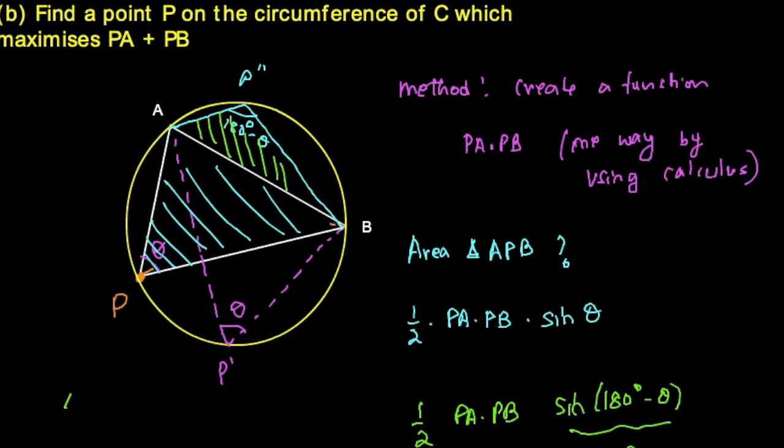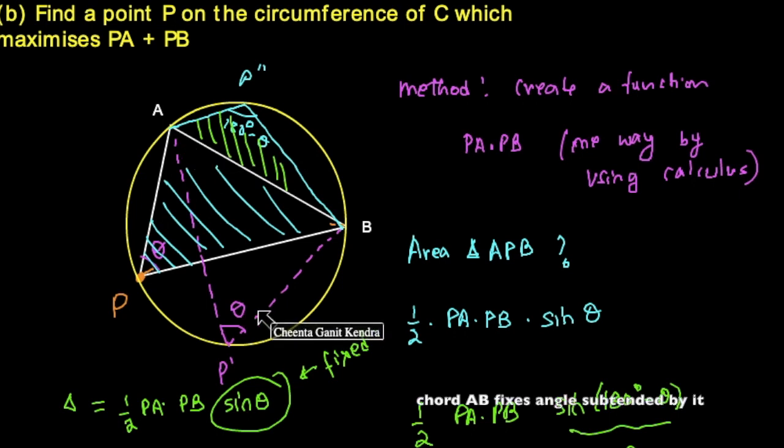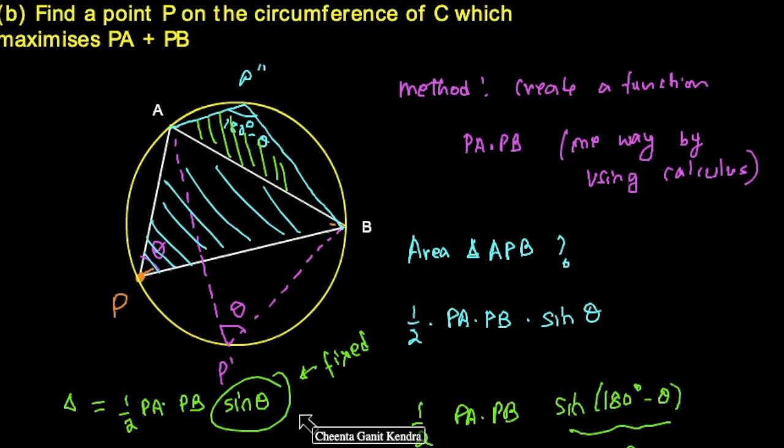Clearly, if we take the area as half PA times PB times sine of theta, notice that sine of theta is fixed. Why? Because once you fix the chord AB, the angle subtended by the chord at the circumference is fixed. So this sine of theta does not change. The only thing that changes is the product of PA and PB.